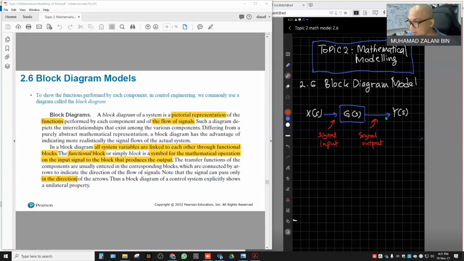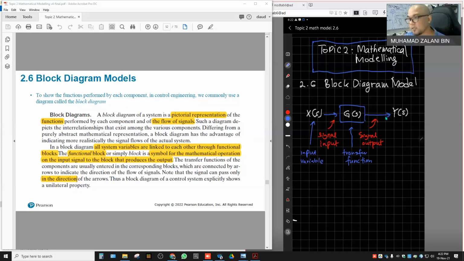So we have the signal input and signal output there. What about this one? This one is the functional block, which is the transfer function. And then we have the input, which is the input variable in the S plane, in the S domain.